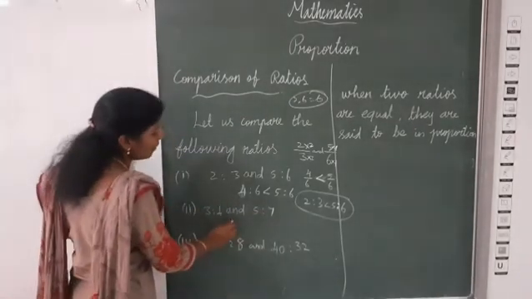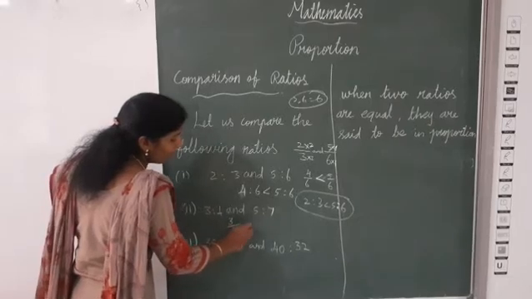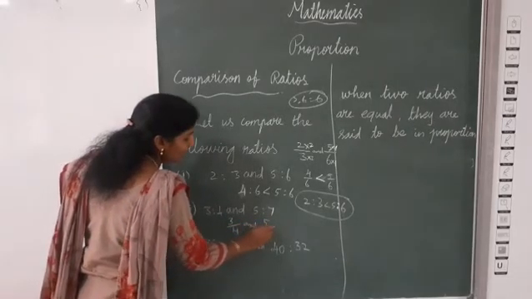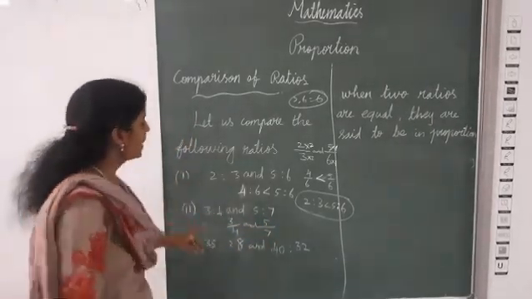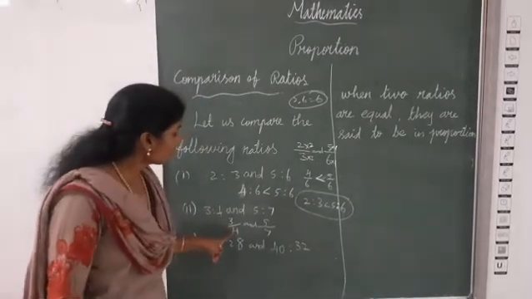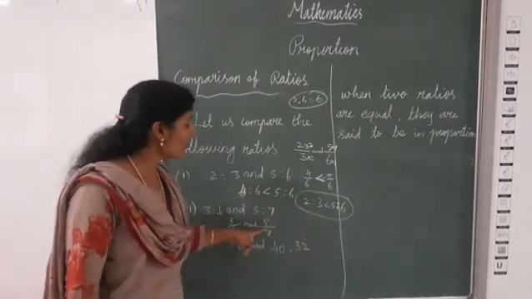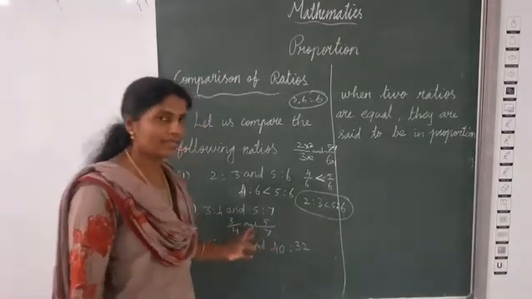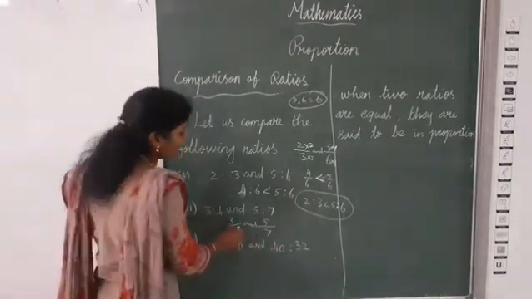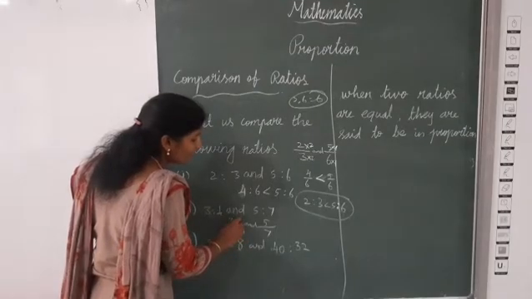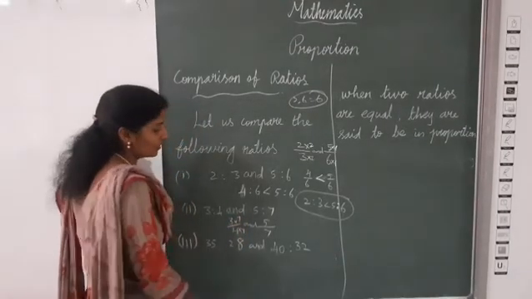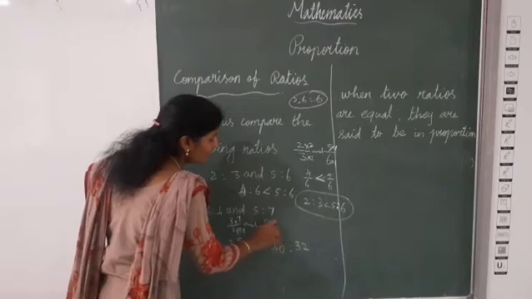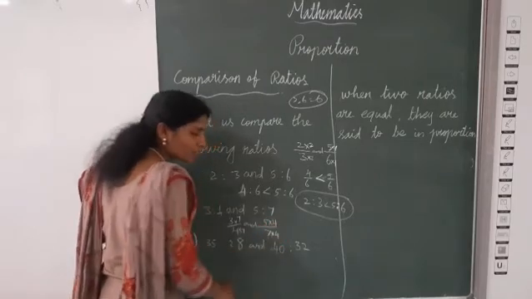3:4 means 3/4, and 5/7. The LCM of 4 and 7 is 28. So we multiply the numerator and denominator by 7 in the first, and by 4 in the second.